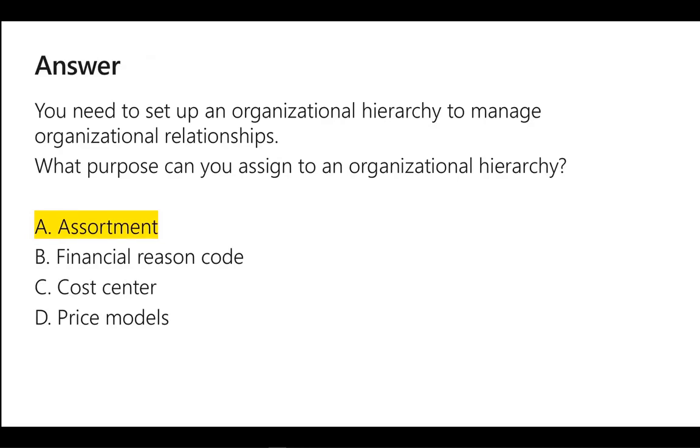If you look at organization hierarchy purposes, which we learned, we will find retail assortment. The remaining answers are not organization hierarchy purposes at all. For example, cost center is a business unit in the business organization hierarchy. It's not a purpose of the organization hierarchy.